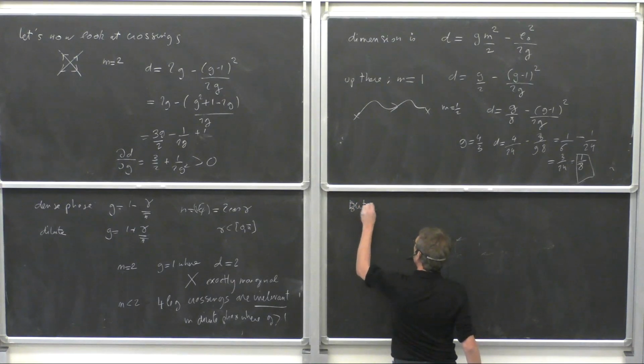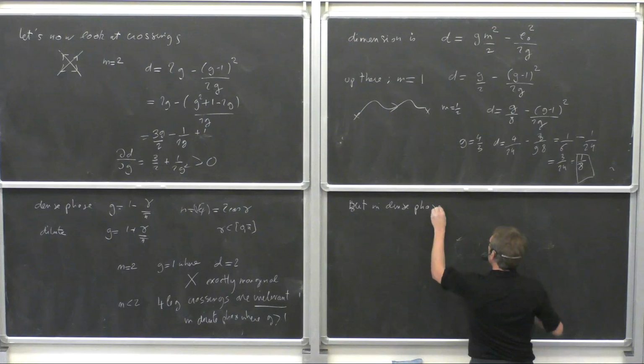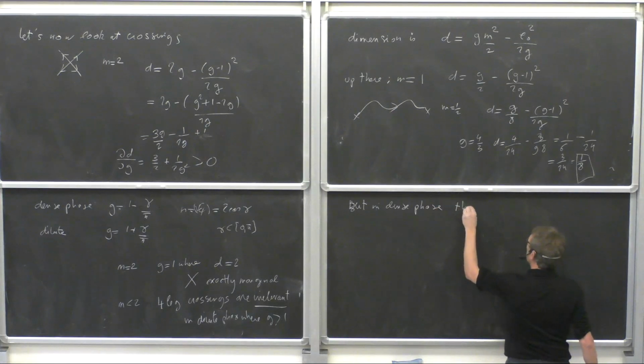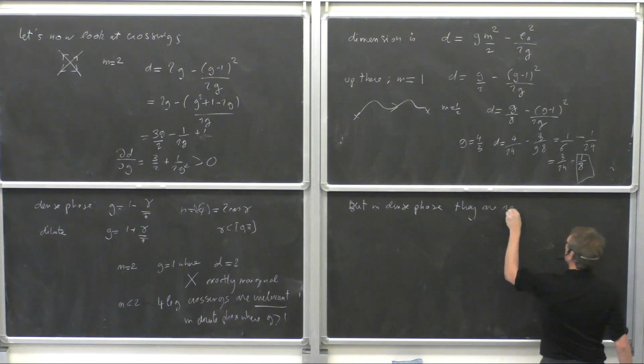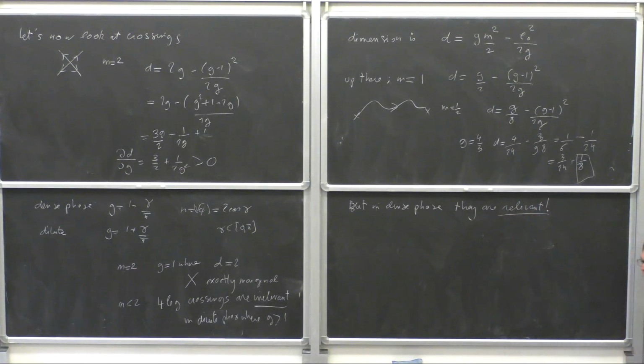but in the dense phase, they are relevant. Because, again, g is smaller than 1 in the whole dense phase.